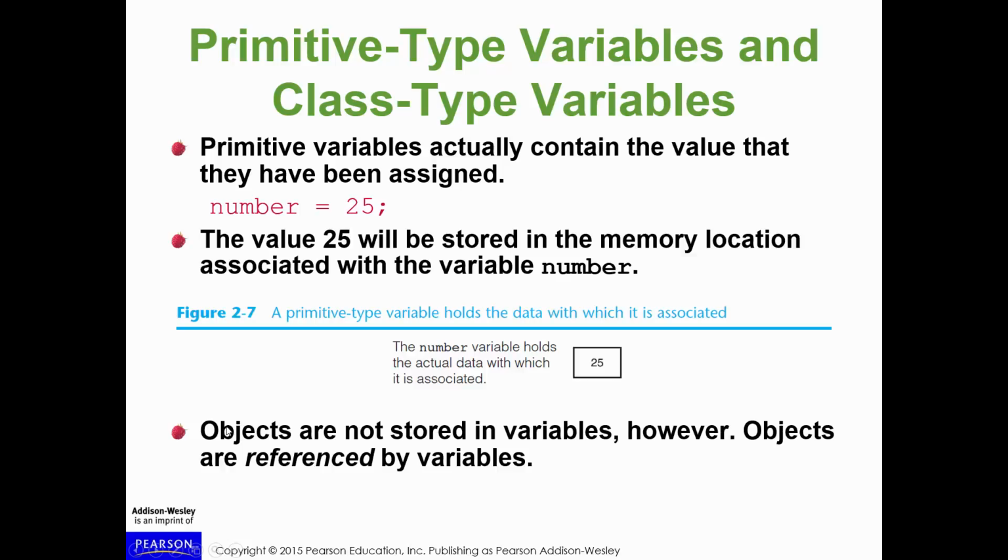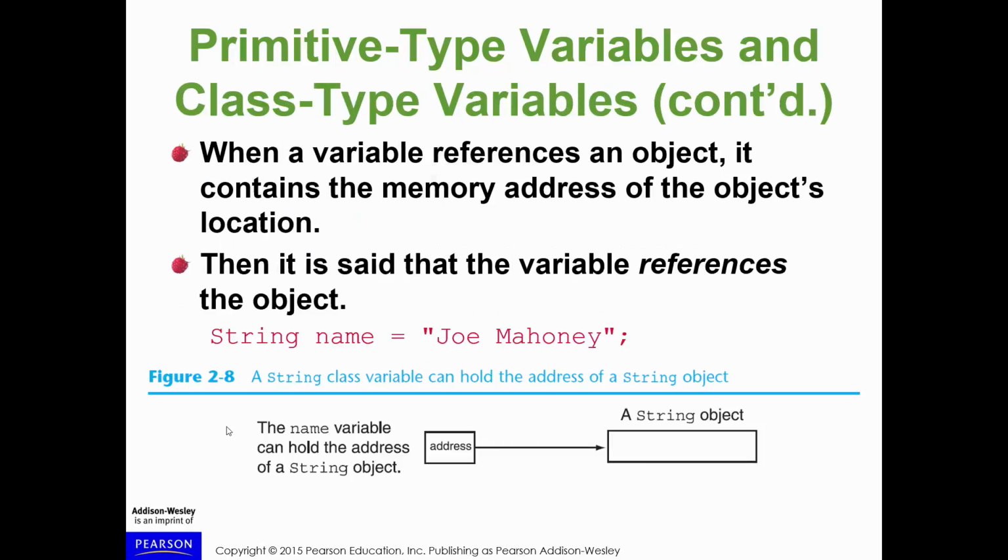When you create objects, and a string is the first object that we've seen, all right? Objects, rather than holding values, hold memory addresses. Now, I don't want to get into this in a lot of detail because you might find it very confusing.